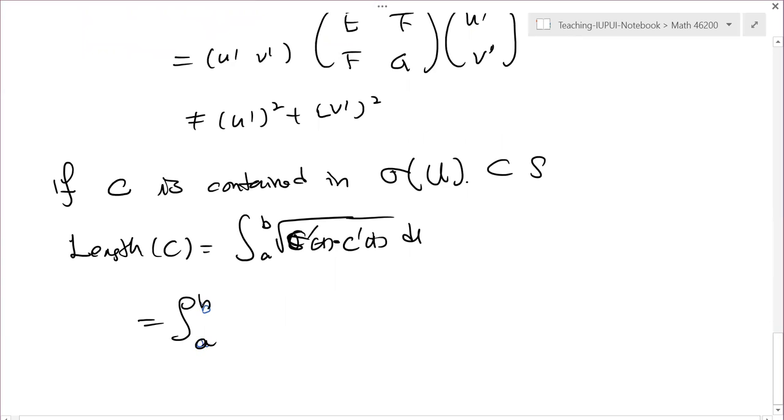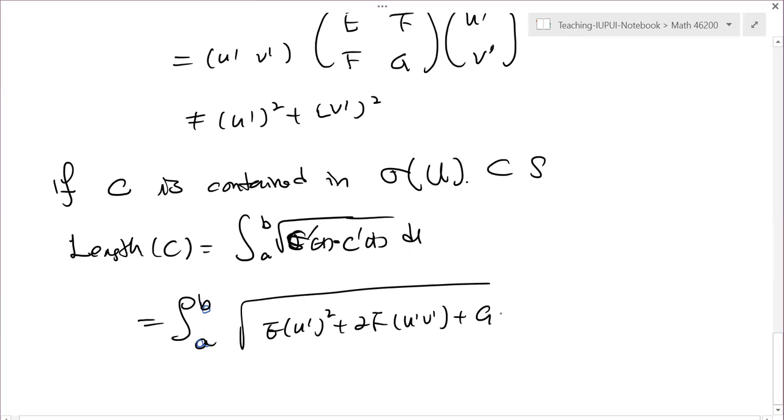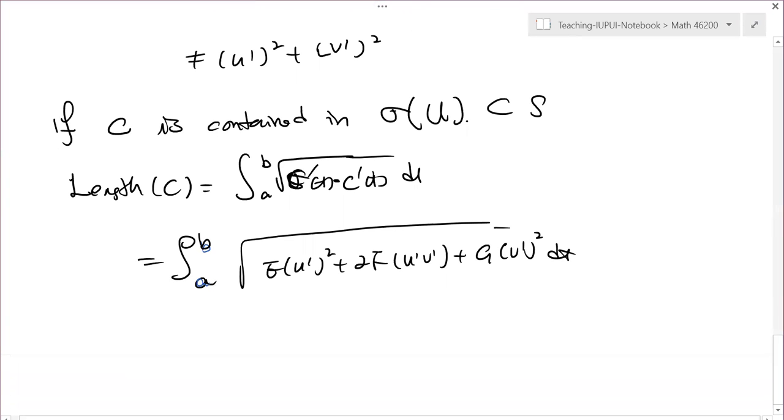That can be written using E u'^2 + 2F u'v' + G v'^2 dt. Naturally, you will get something here.